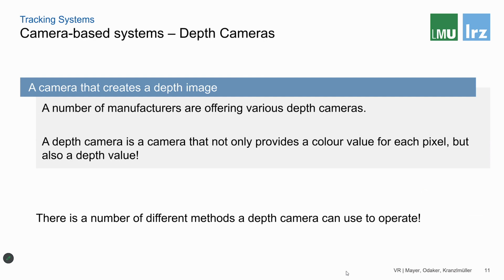So they quite often give you a color value just like a normal webcam. But usually each single pixel also has a depth value that tells you how far this pixel is away, and therefore you get a depth image as well as a color image from a depth camera.